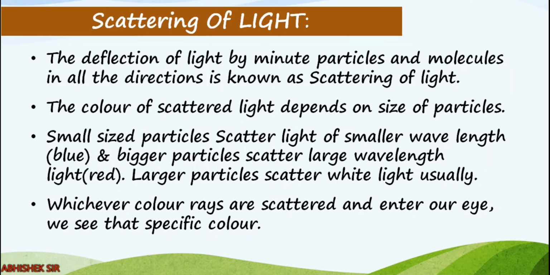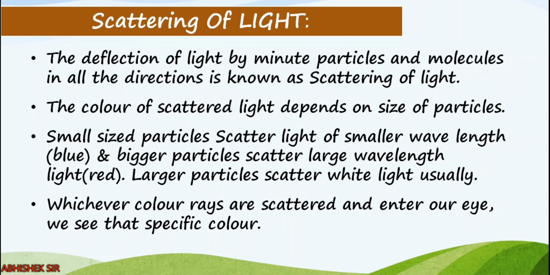These particles usually are not visible, so they are known as fine particles or minute particles. But even though they are small, they do deflect the sunlight, right? And this deflection is nothing but scattering of light.